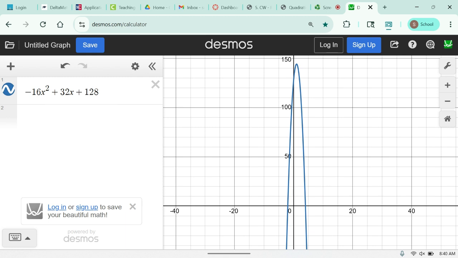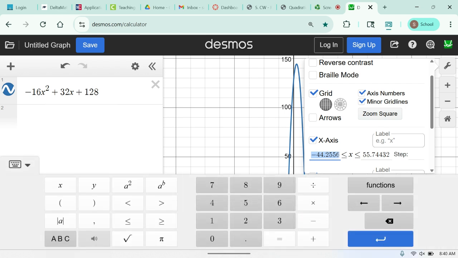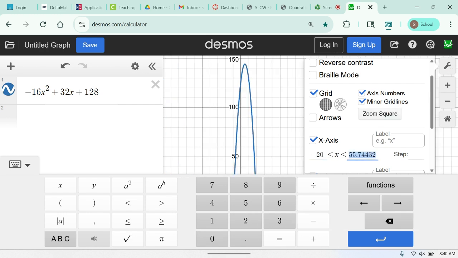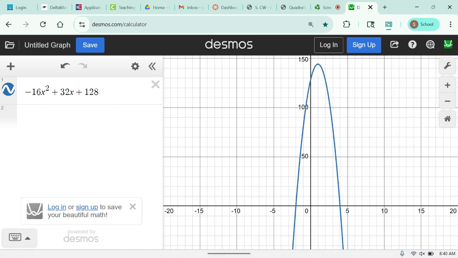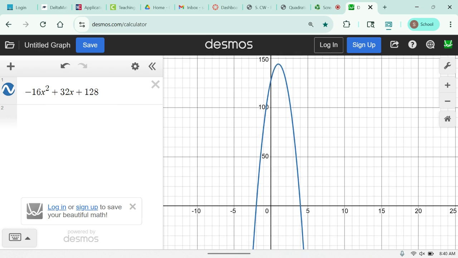All right, now let's analyze this picture here. I'm actually going to make the x-axis smaller. There we go. Now, if I'm looking at this picture, what part of this picture do I really not need?